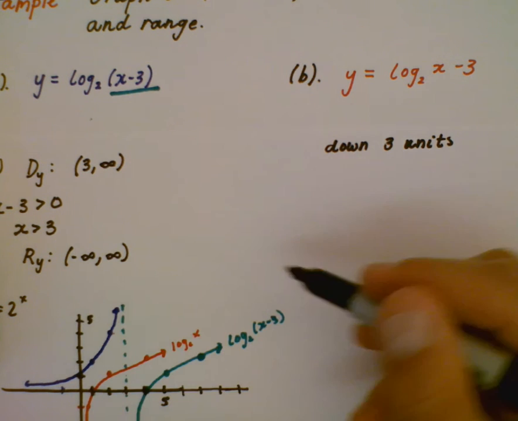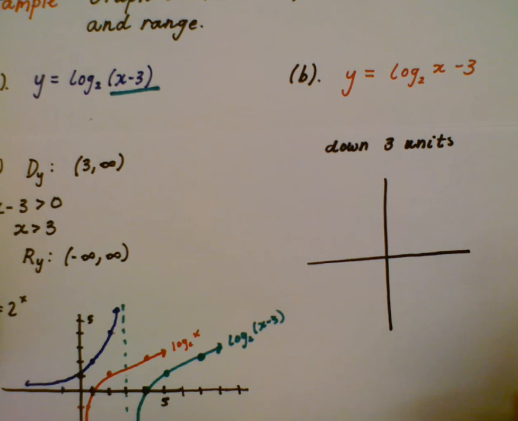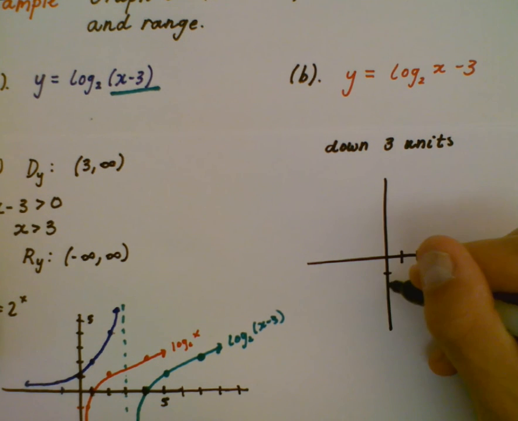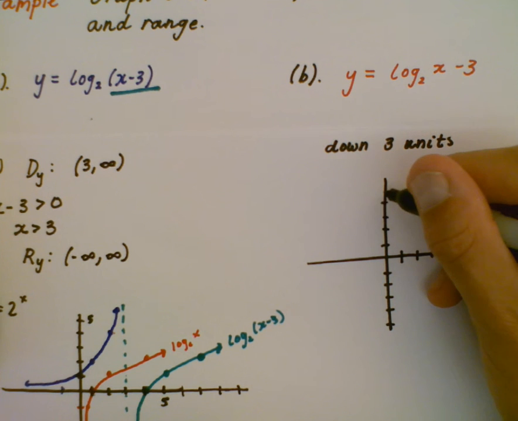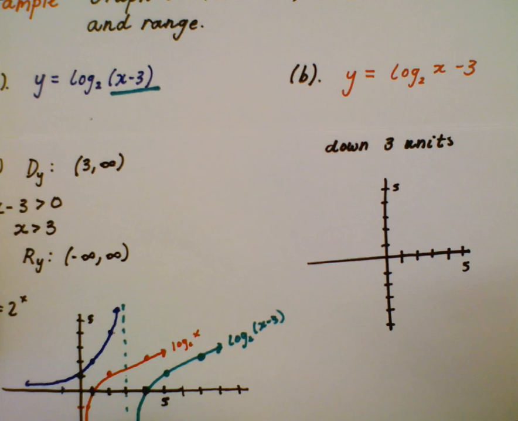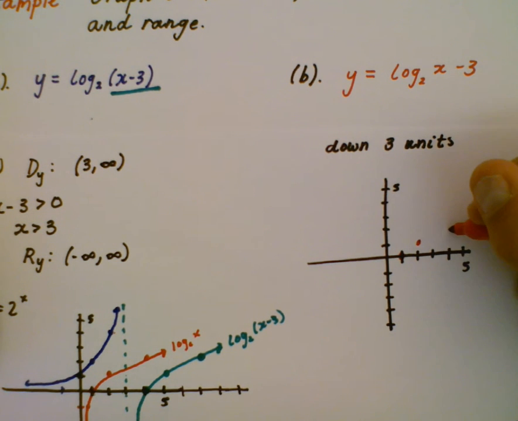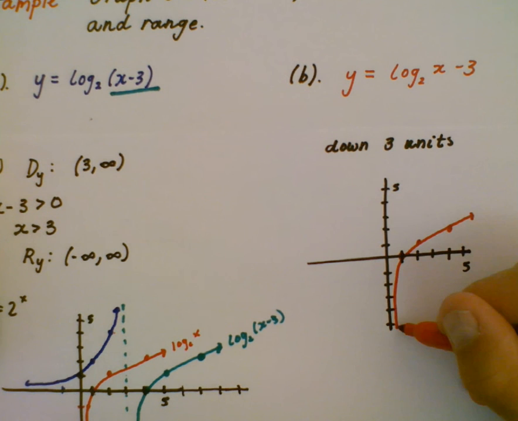Okay, so when I go ahead and plot this, we're going to plot it and then we'll state the domain and range. I'll put in red log base 2, so we're going to have 1, 0, 2, 1, and 4, 2. So here is roughly log base 2 of x.